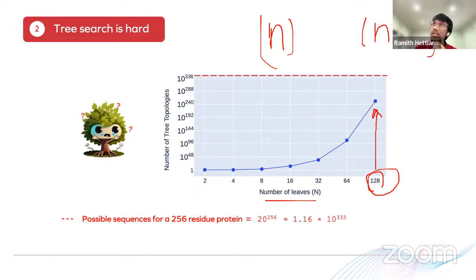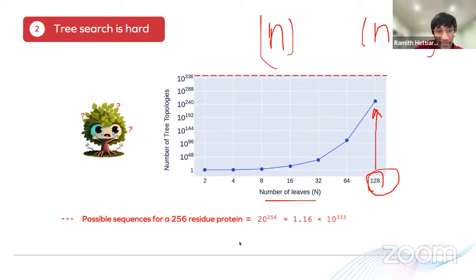However, as you mentioned, the ancestors also we actually need to infer. Now that you asked that question about how we find ancestors, if we look at a 256 residue protein, a 256 residue length sequence, there's this many possibilities for a sequence as well.